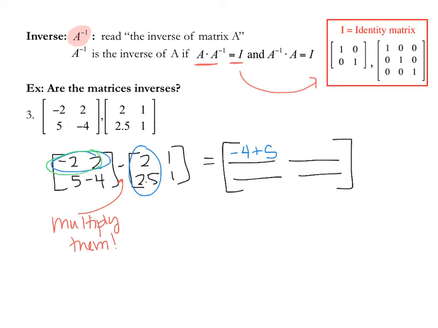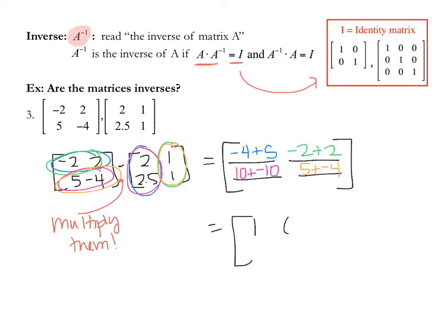And then first row times second column goes here, negative 2 plus 2. Then we can do second row first column. That goes here, 10 plus negative 10. And then we do the last one, that's going to be 5 plus negative 4. Then we're just going to simplify that down.